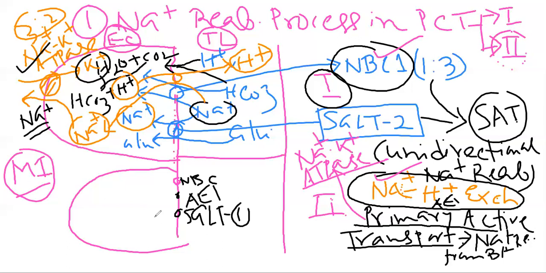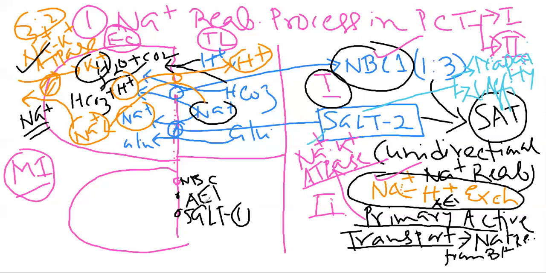Now, what is the difference between SGLT2 and SGLT1? SGLT2 has low affinity but high capacity. That means SGLT2 will have high capacity to reabsorb sodium ion, but less affinity for the sodium ion.